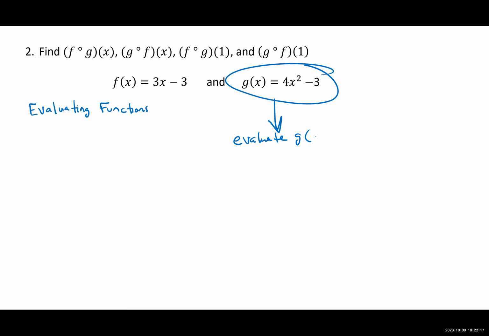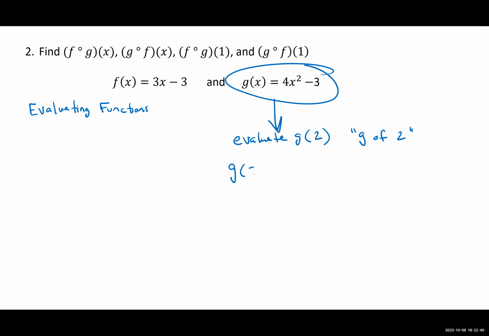Evaluate G of 2. So the word evaluate means replace. Replace your variable with something else. So G of 2, read G of 2, means replace X with the number 2.